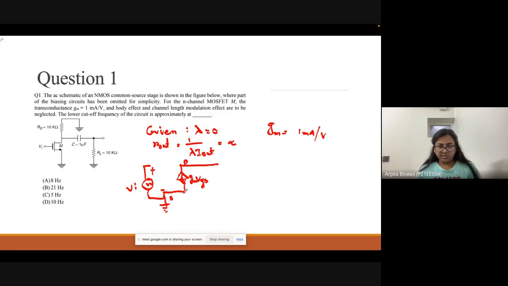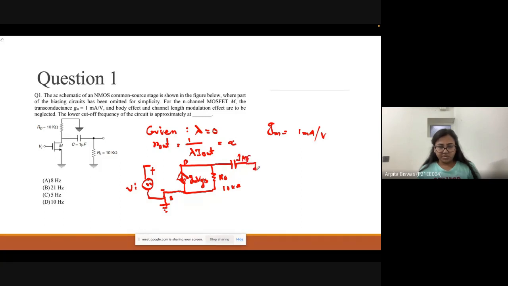And then RD is also in parallel with this, and RD is 10 kilo ohm. And here a capacitance is present, which is 1 microfarad.